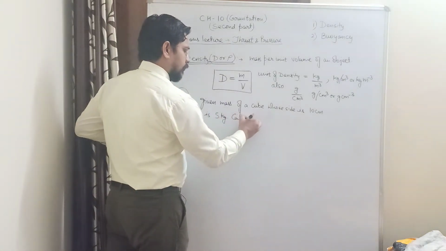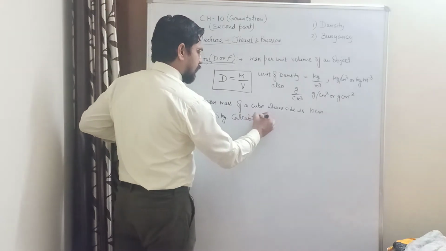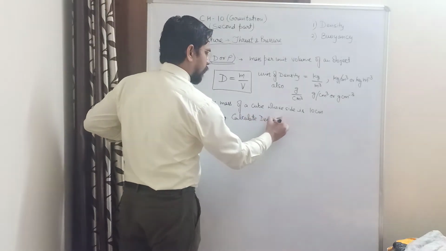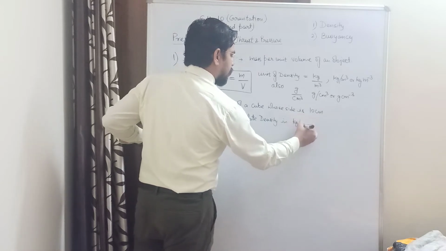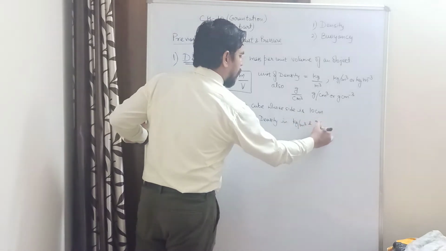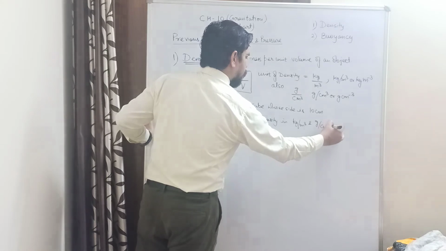Calculate the density in kilogram per meter cube and gram per centimeter cube both.